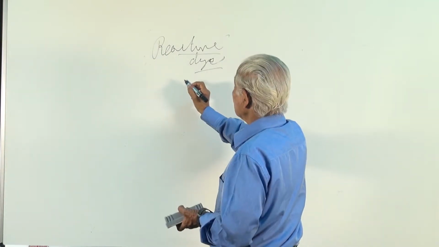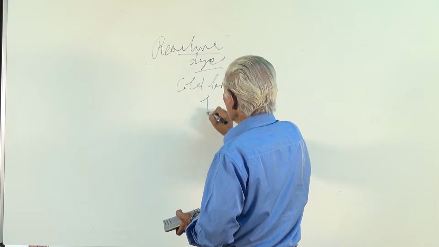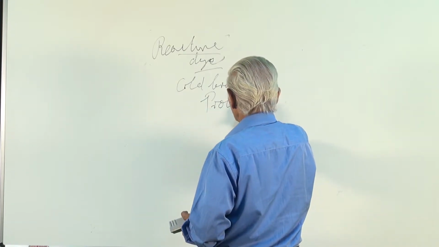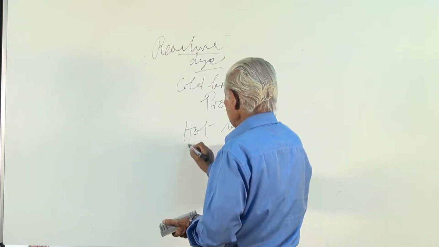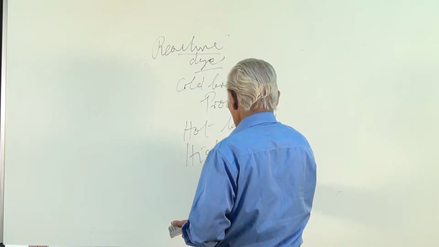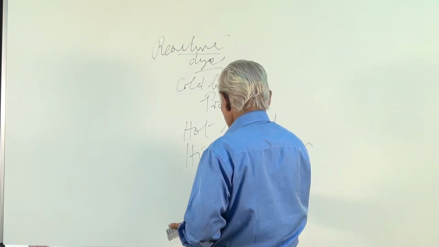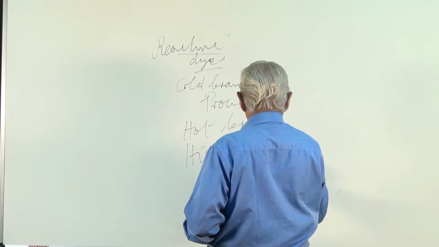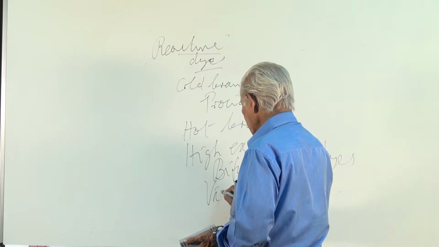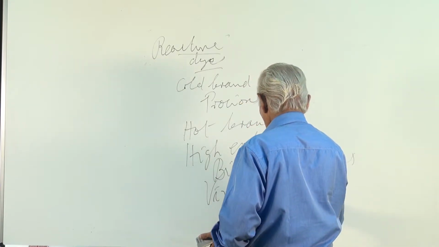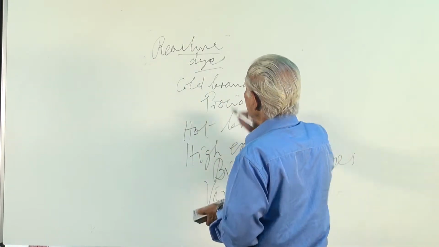There are so many types of reactive dyes: cold brand, Prussians as they are called, then hot brand, high exhaustion or bifunctional dyes, so called bifunctional dyes, and vinyl sulfone group. Monochlorotriazine is the compound that is used in reactive dyes.